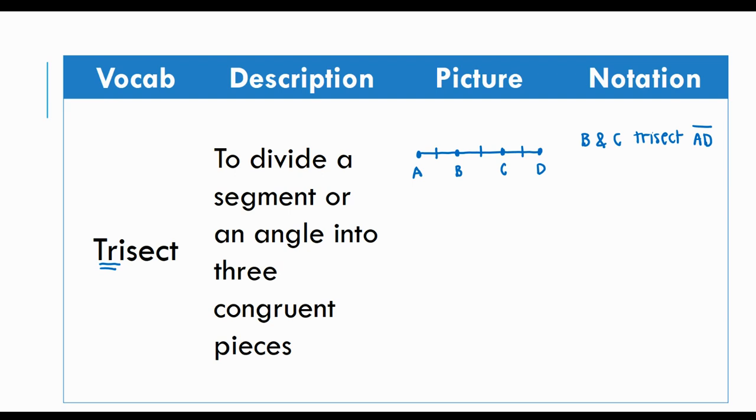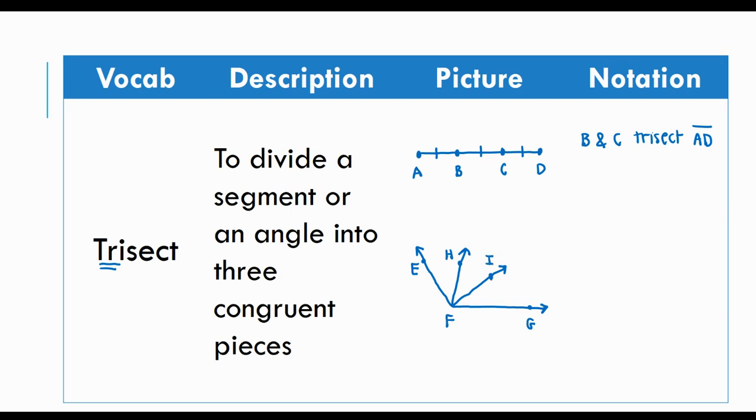So we took one big segment and we cut it into three equal or congruent pieces. It can be the same thing with an angle. So let me indicate with a picture here. Here we have an angle. I'm going to call this angle EFG. Okay, and then I'm going to have a couple more rays shooting out of the vertex of that angle. I'm going to call this ray FH and ray FI.